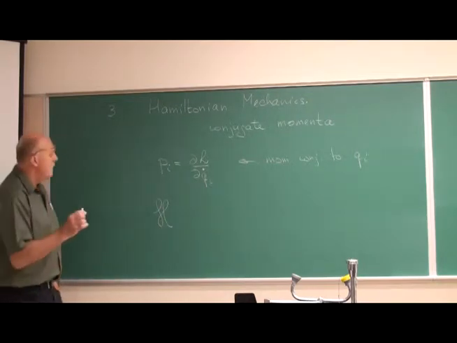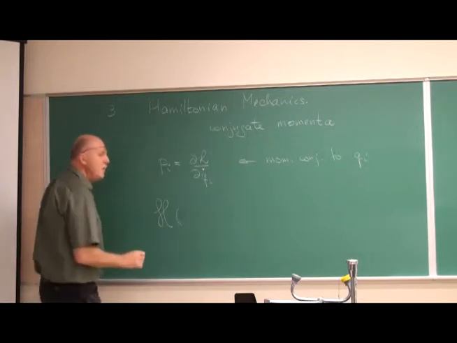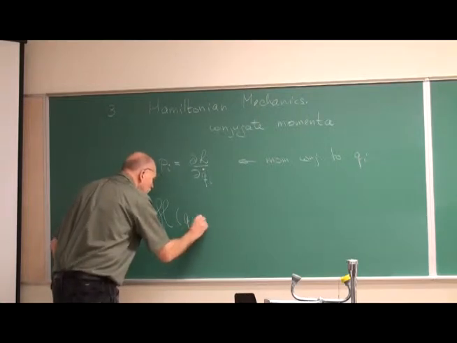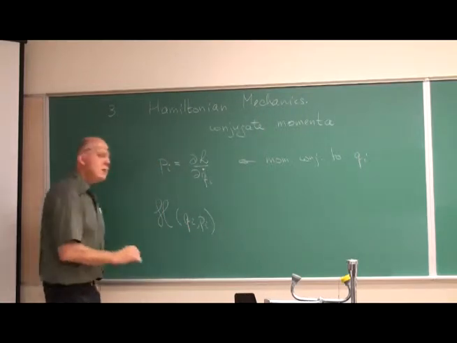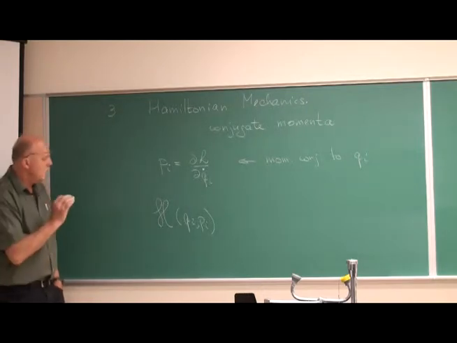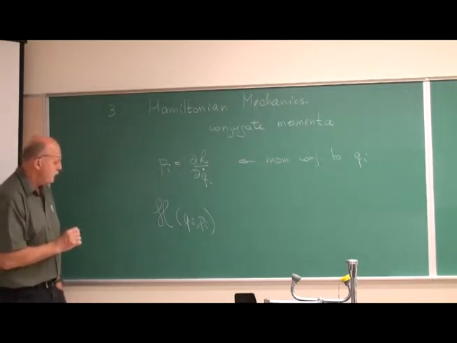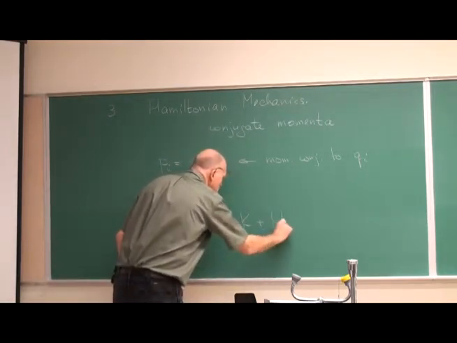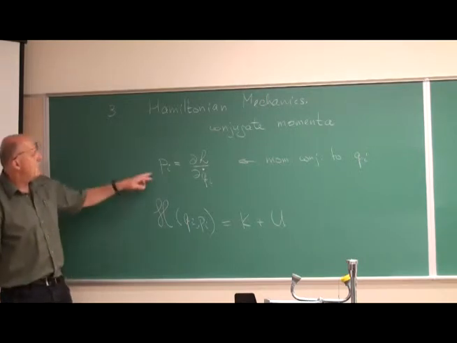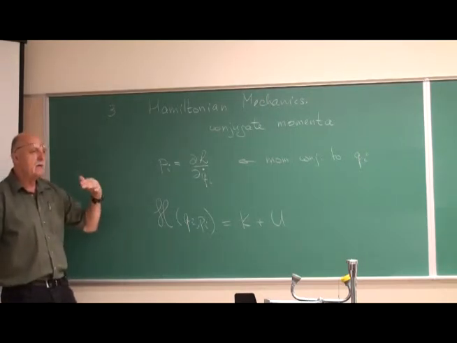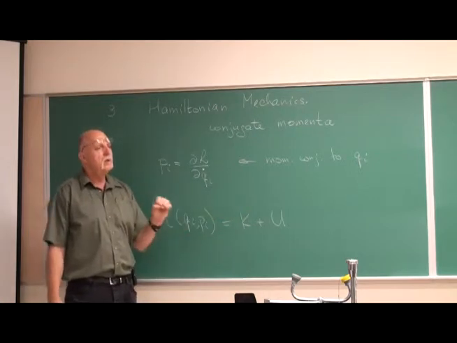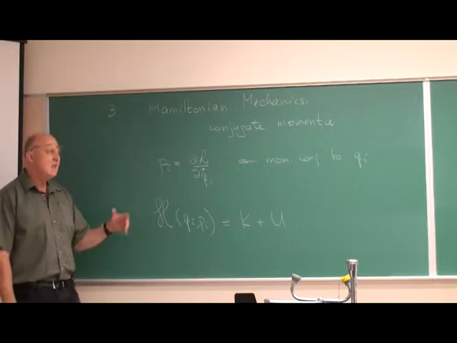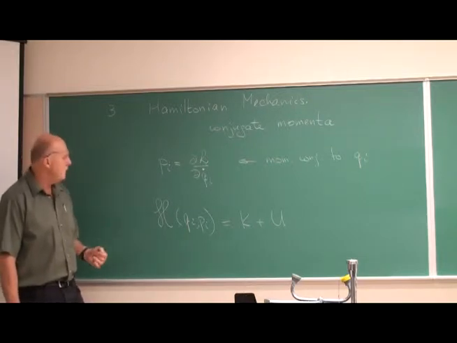The key notion here is that the Hamiltonian is only a function of the Qi's and the Pi's, nothing else. No Q dots, nothing else. And this is just the total energy, so this is K plus U. Once you have the Pi's, you should be able to write both K and U in terms only of Qi and Pi. Okay, but this is still just definition, you know, where is the meat?